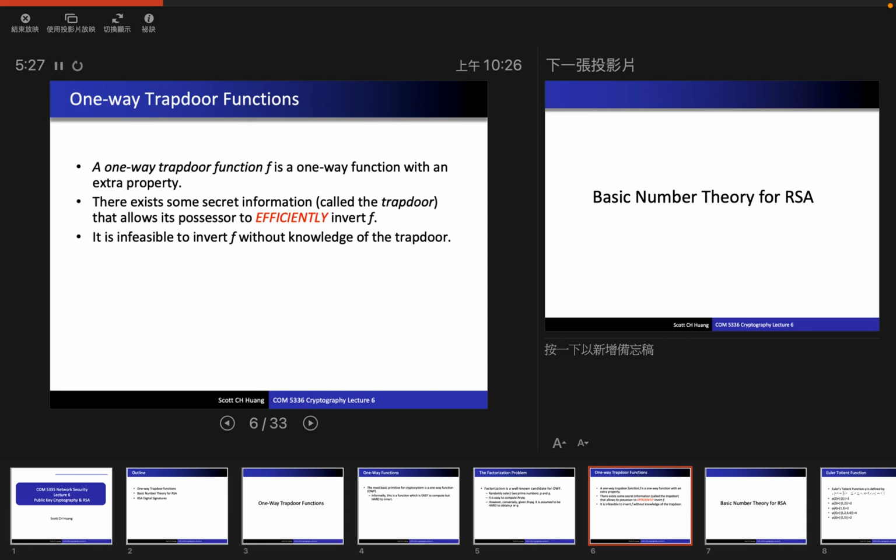In this case, the trapdoor is P. How to invert? If you already know P, then you just divide N by P, you get Q. You get either one of them, then the other is easy to compute. So that's a trapdoor.